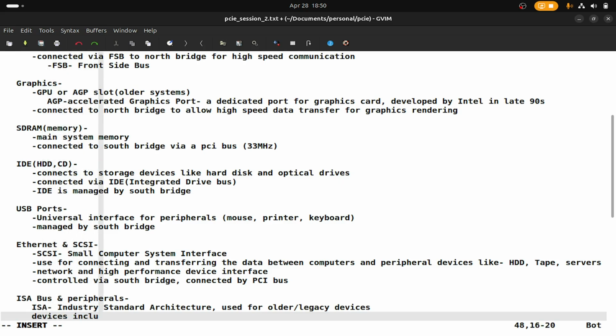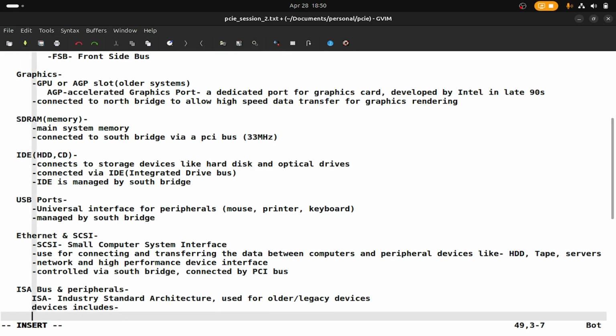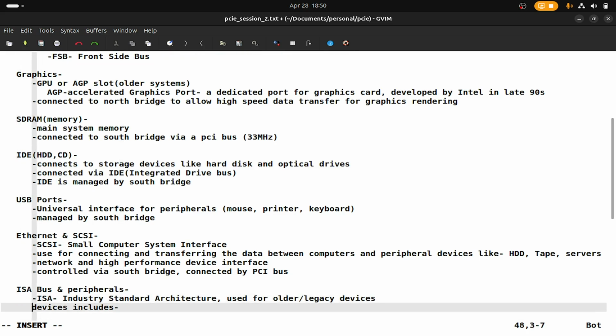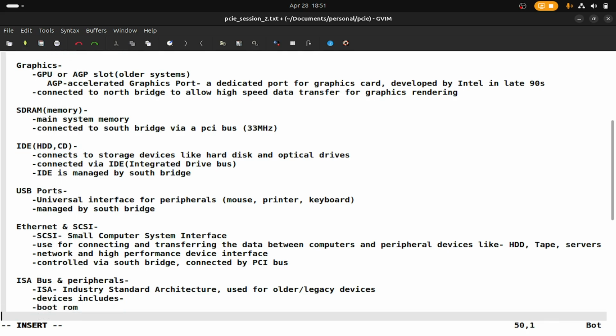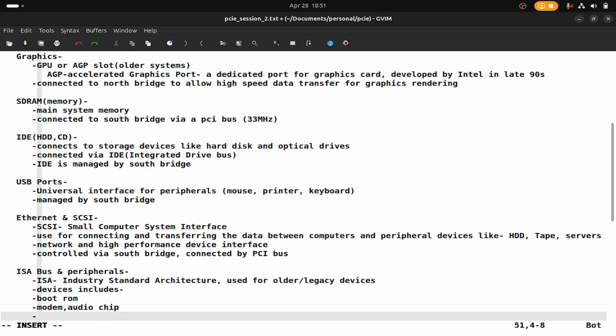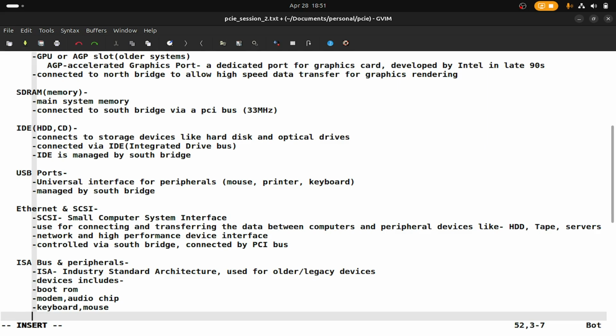Devices include boot ROM, some modem or audio chip, keyboard, mouse, and super IOs.